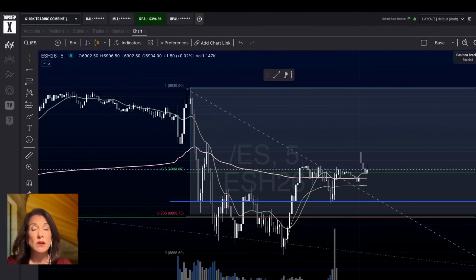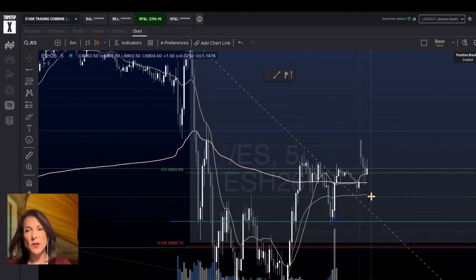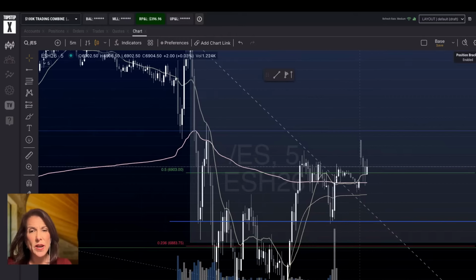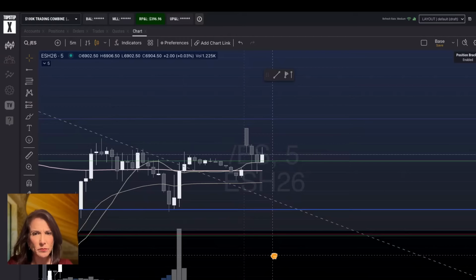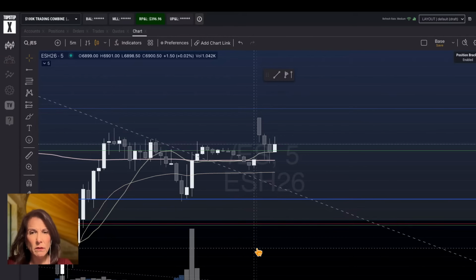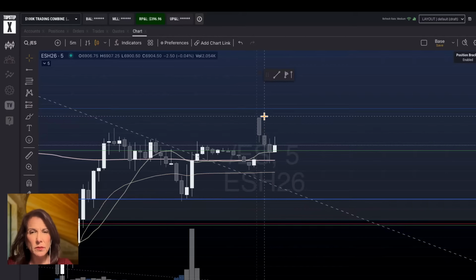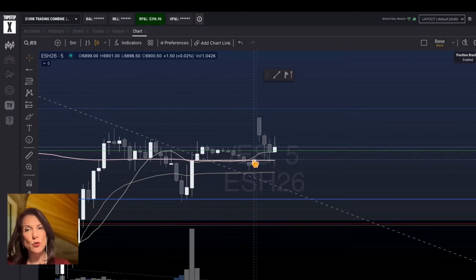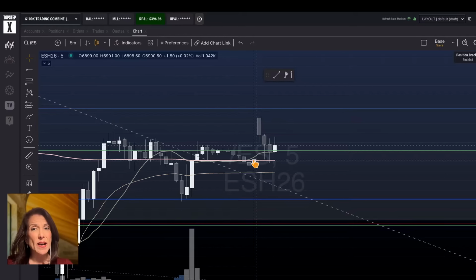Now notice how the ES filled the gap, right? Let's take a peek at this. Here's our opening, right? It gapped up, came right down to the close of the last tick. That's at 5 o'clock Eastern time. And it bounced right off of that. So that's our line in the sand.